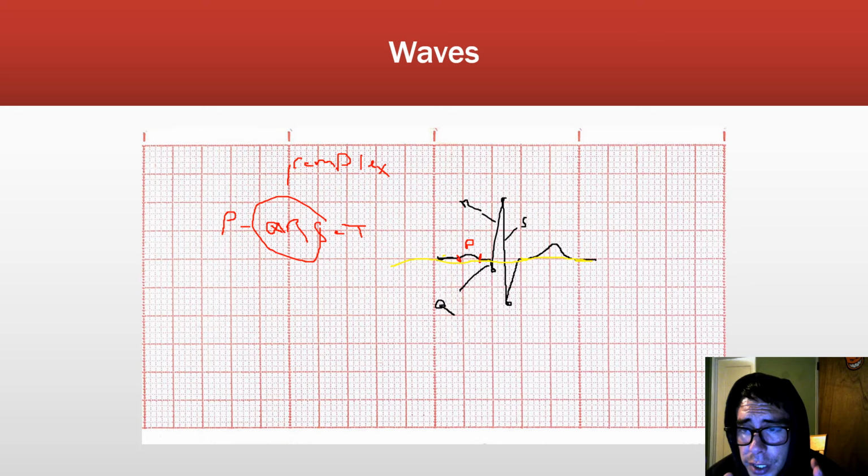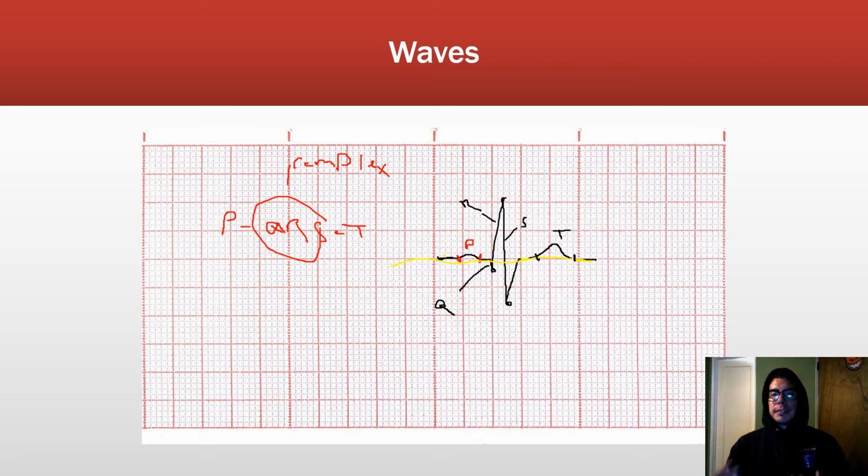And altogether, we call that the QRS complex, and it represents ventricular depolarization or contraction. So we'll talk about the rules of the waves in a second, but that's what those are. Then from here, where it goes again above baseline to where it comes back down, that is your T wave.